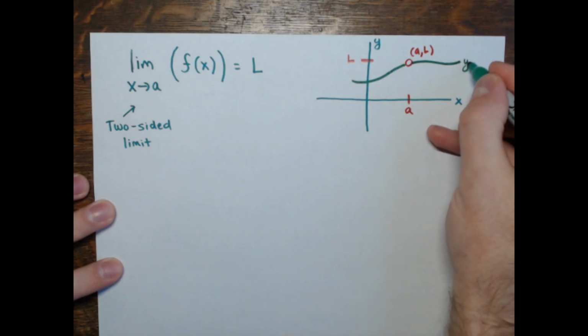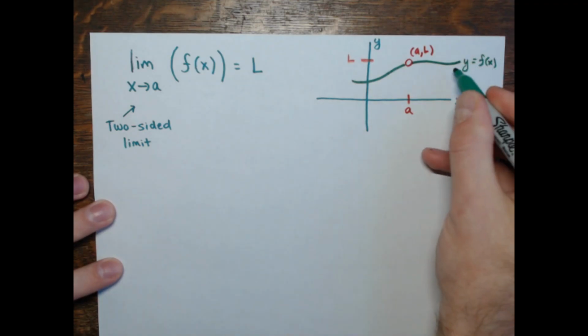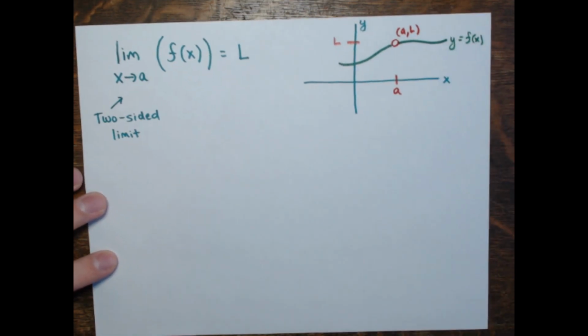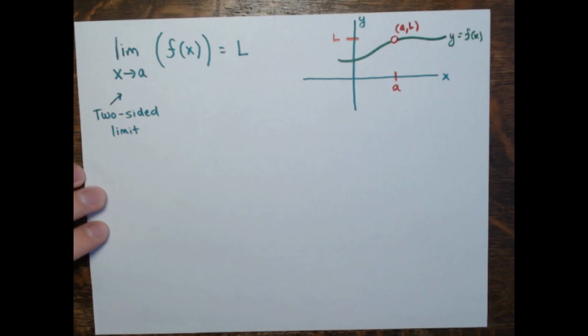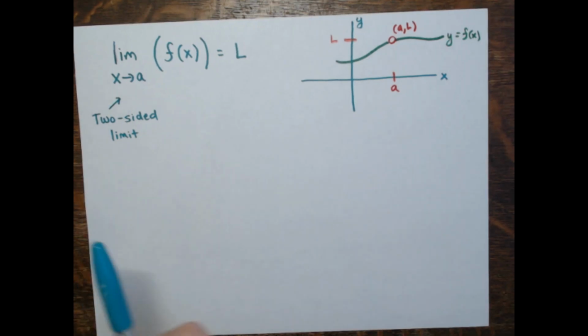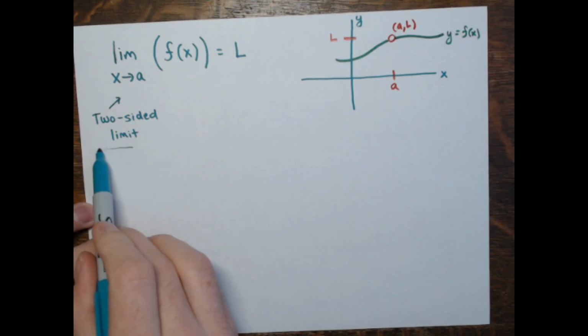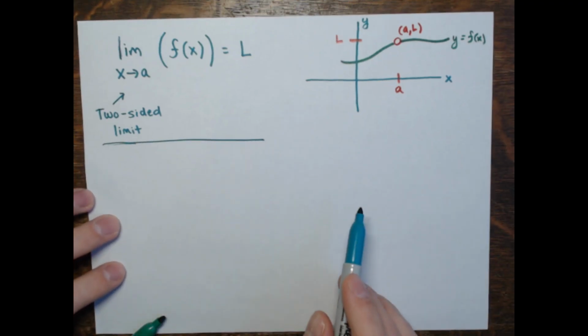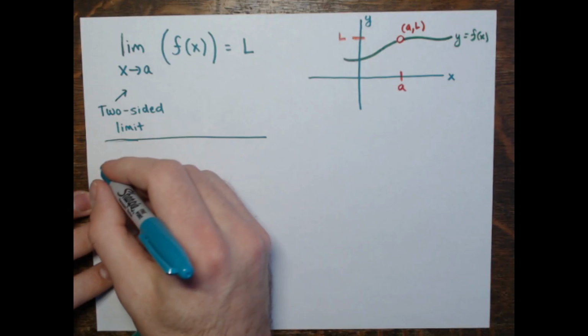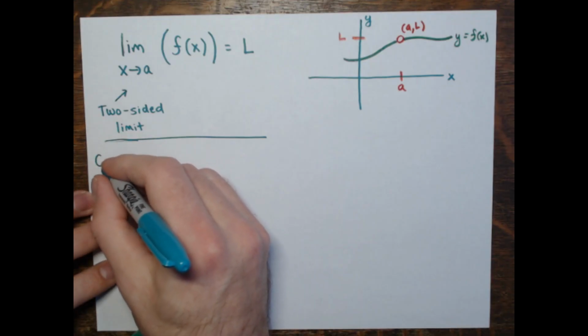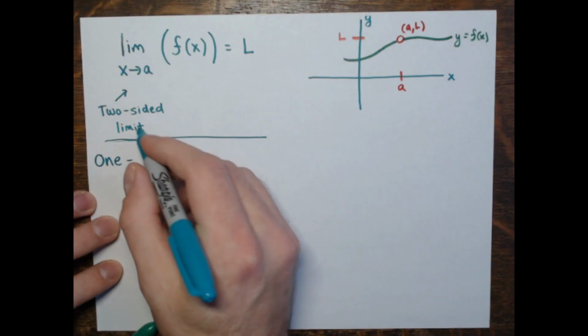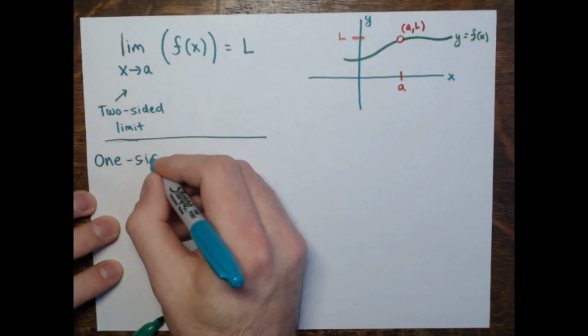So here's y equals f of x. The graph approaches that point on both sides. Then you have what we're going to be introduced to in these objectives: one-sided limits.